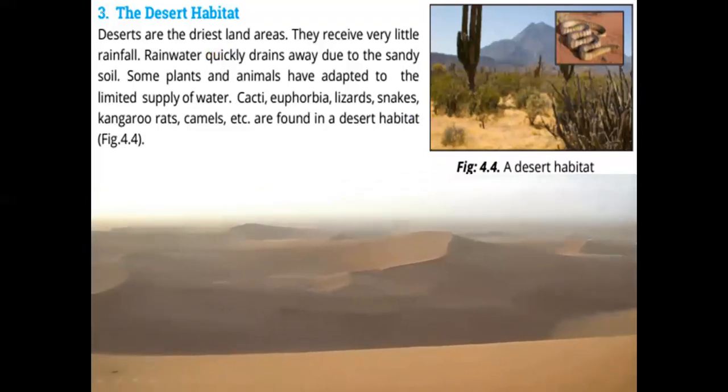Here we will see the next type of habitat, that is called the desert habitat. In desert habitat, lots of different kinds of animals live over there, although there is very little rainfall.